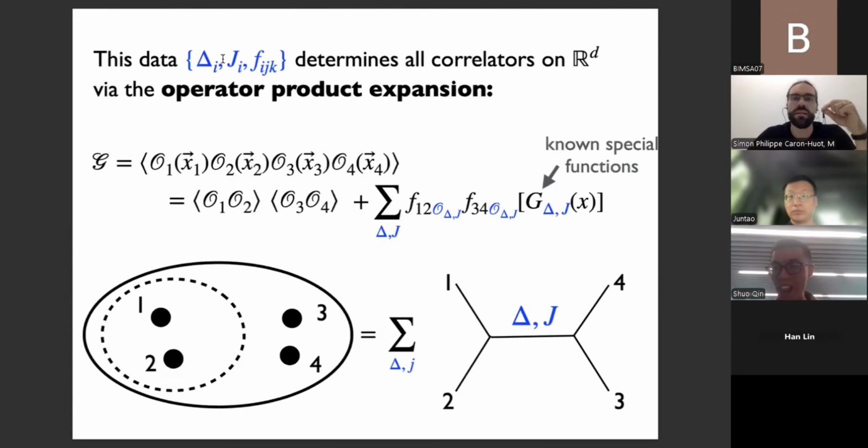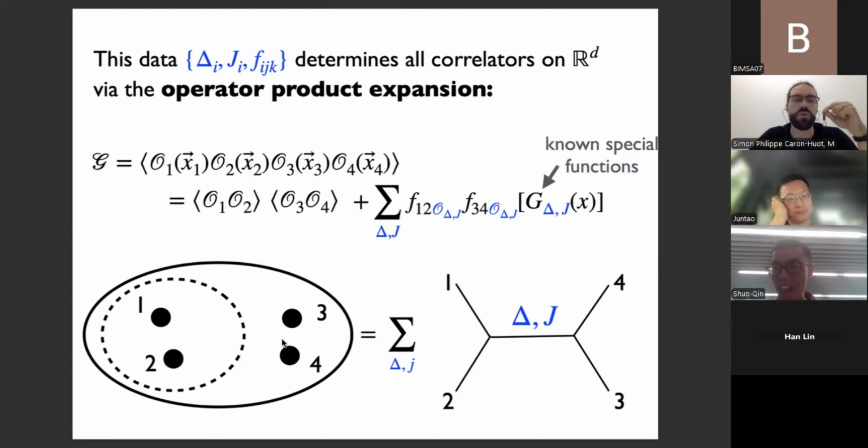This data basically determines all correlations between fluctuations on a space that's R to the D. So this data is scaling dimensions and 3-point couplings via the operator product expansion. The idea here is that if you have two measurements that are nearby, you can expand them and replace them by an effective measurement that combines them. And what appears in this expansion are exactly these 3-point couplings I talked about.